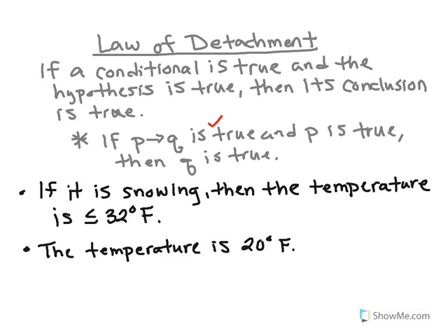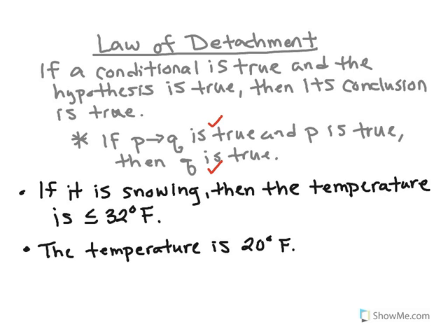The next part is that P has to be true. Well, if it is snowing. First of all, we have to know that it's snowing outside in order to make this conclusion. If that is the case, then I know that the temperature is less than or equal to 32 degrees Fahrenheit. That's my conclusion, and I have to determine that that's true. So I can check this mark off here on my list.